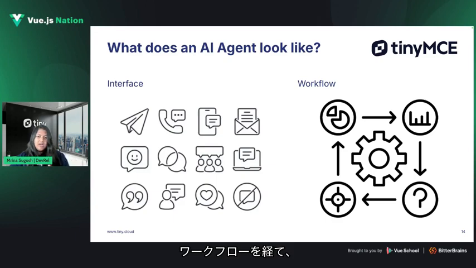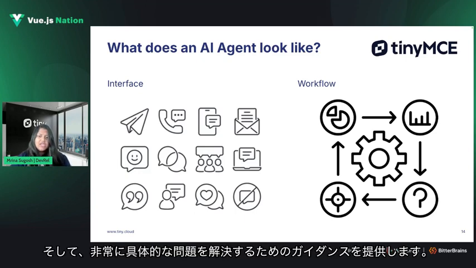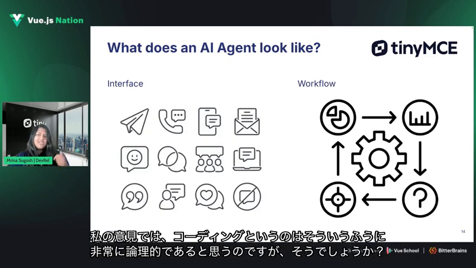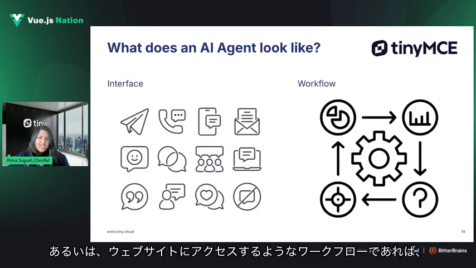It goes through the workflow, and these nodes access different information in the database, in its guidance, to solve a very specific problem. And that's why agentic AI makes so much sense in coding, because coding is very logical like that, in my opinion, right? It's a very straightforward problem sometimes that you're trying to solve.